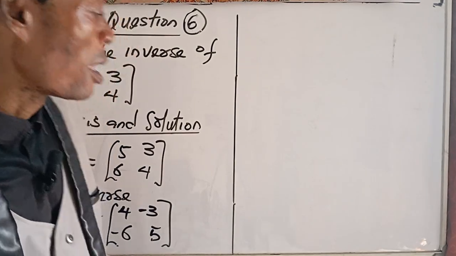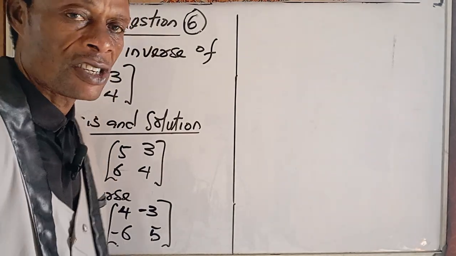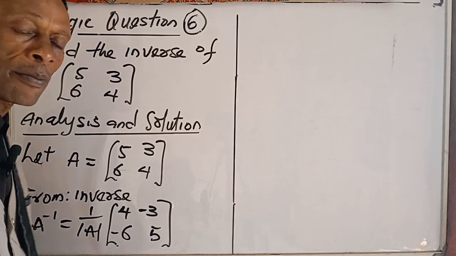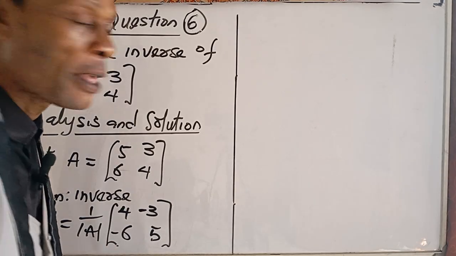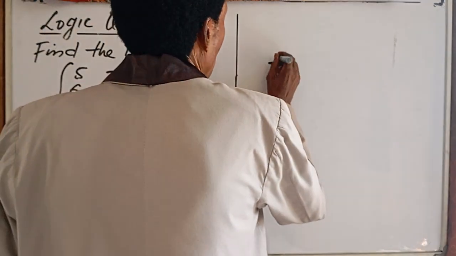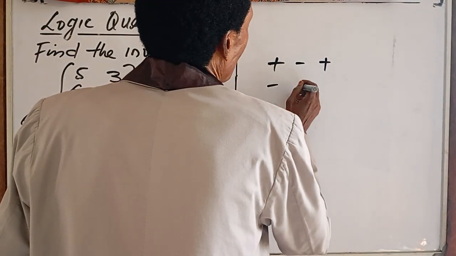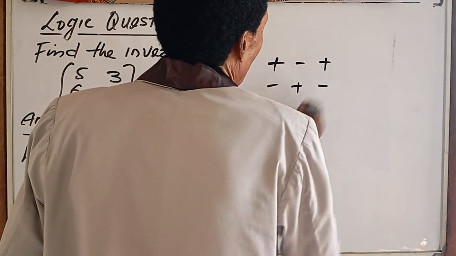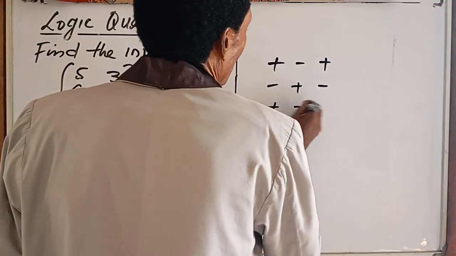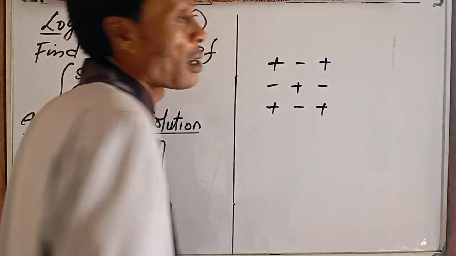In the cofactor matrix, every element of a matrix has a sign. The first row is plus, minus, plus, then minus, plus, minus, and so on. It's like a chessboard.